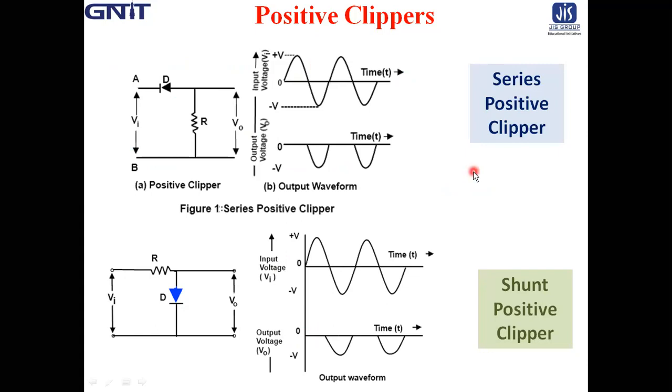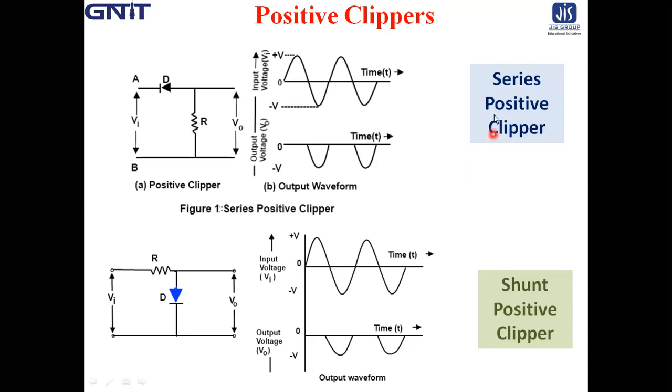Now what do you mean by positive clipper? Positive clipper actually removes the positive half cycle of input voltage and retains the negative half cycle at the output. According to circuit arrangement, positive clippers are of two types.